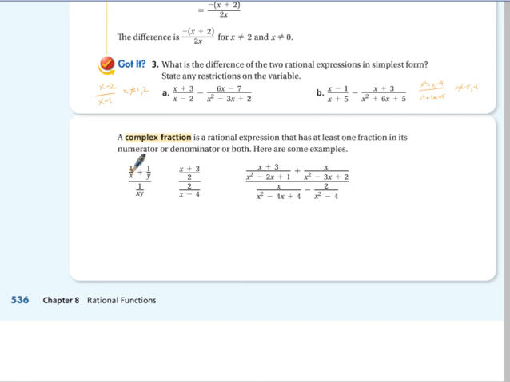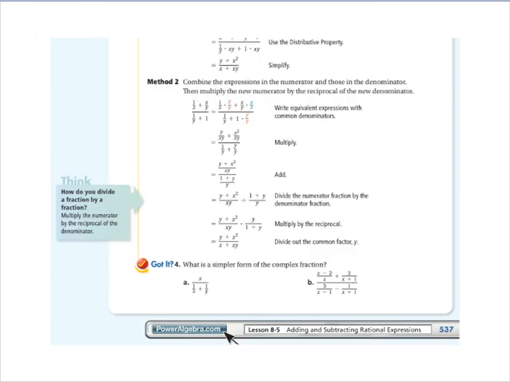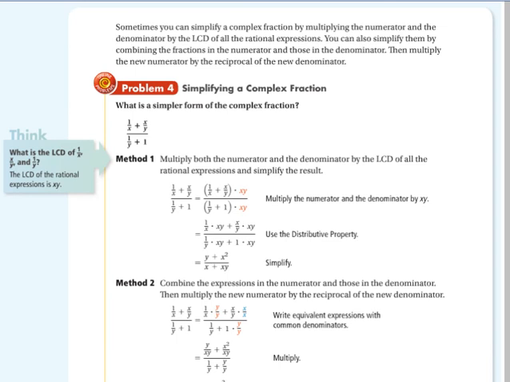You'll notice that this numerator has two fractions in it and the denominator does. And here's a fraction divided by a fraction. And then here's adding two fractions and then subtracting two fractions. And yes, these are all real things. They look complicated, but we just do it a little bit at a time, and we see what we can figure out.